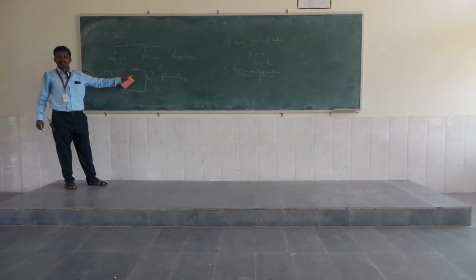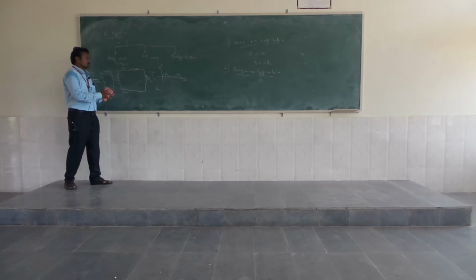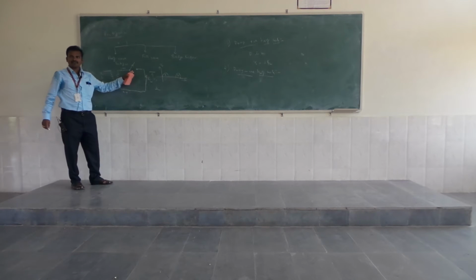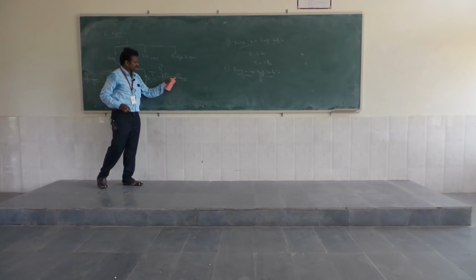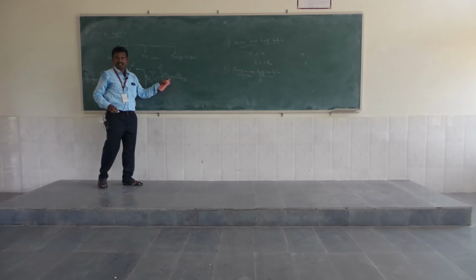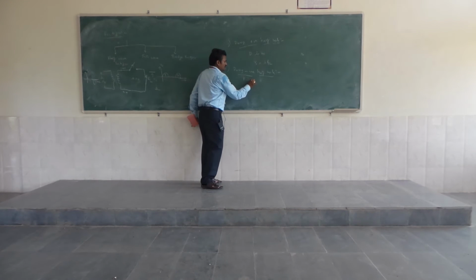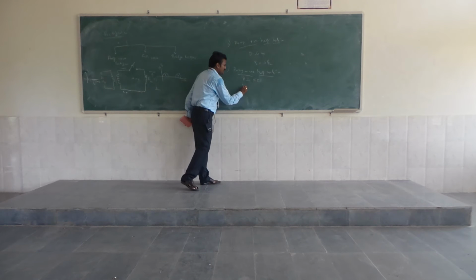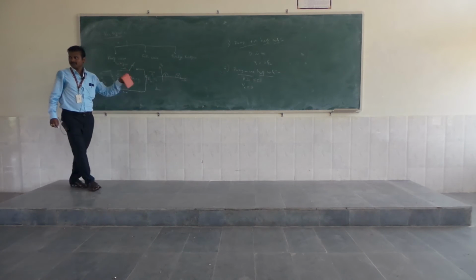In reverse bias condition, the diode acts as an open switch. So the current is 0, and that's why the output is also 0, because it is I into RL. So D is off because it is in reverse bias condition, and automatically V0 is equal to 0. So this is the operation of the half wave rectifier.